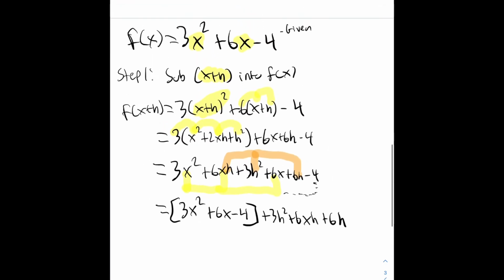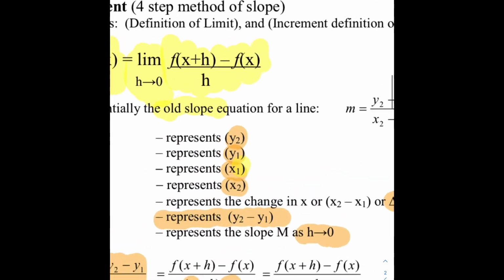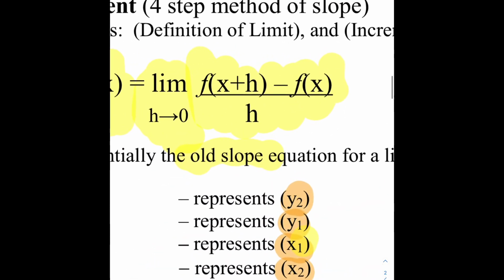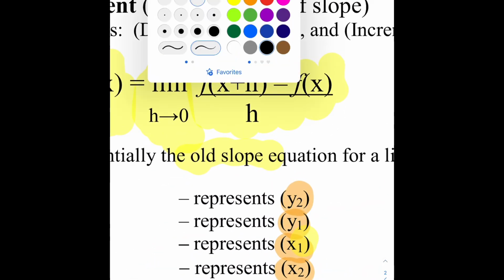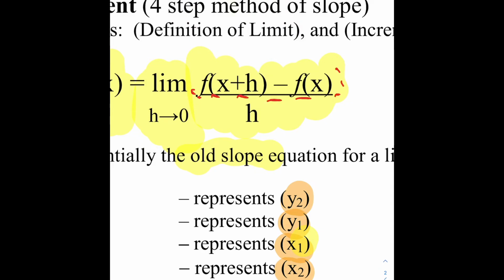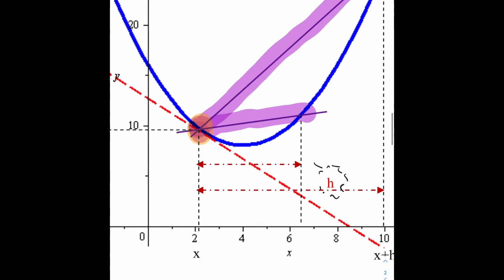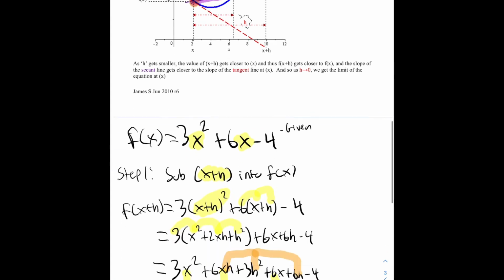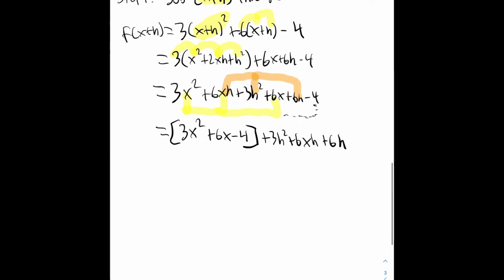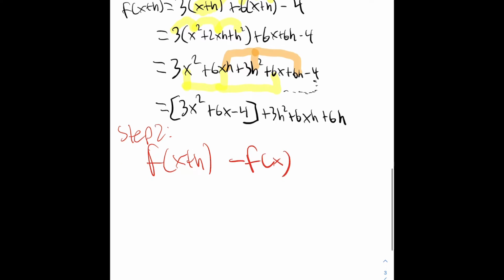This is just pre-work, just getting ready. Now I'm going to use this formula to organize my numerator. Step 2 is to order your numerator like this. Again, my numerator is f of x plus h minus f of x, and I just found my f of x plus h in this last step right here.